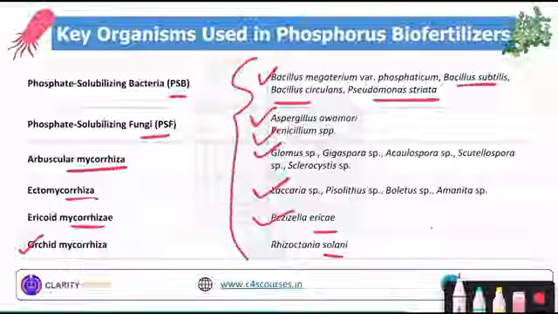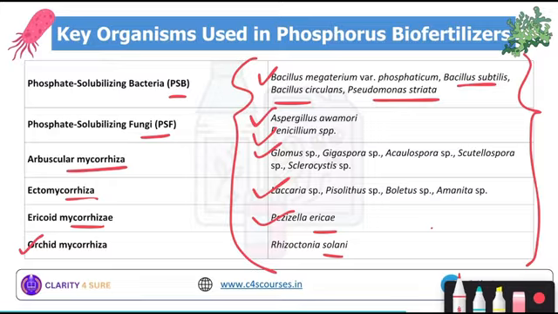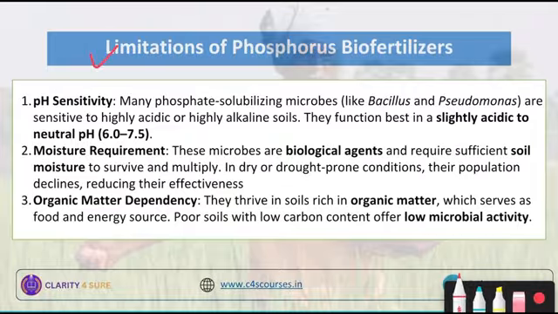Okay, so these are some of the examples. Go through it once because there are chances that they could give you 4 or 5 options and ask which of the following is not a phosphorus solubilizing microorganism. So just go through it once.